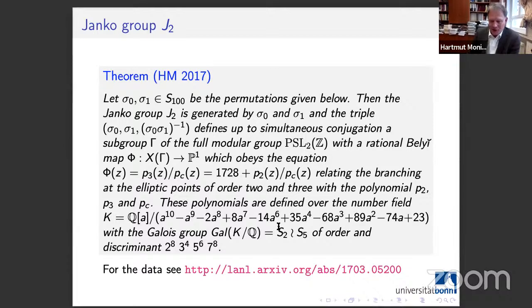I wasn't able to fit them on the screen in any way. I tried. I cannot show you these polynomials. But you can find them as data in this arXiv paper. You can download the data from this paper so that you can look at these polynomials yourself. But the main point is that the polynomials are defined over a number field of degree 10.